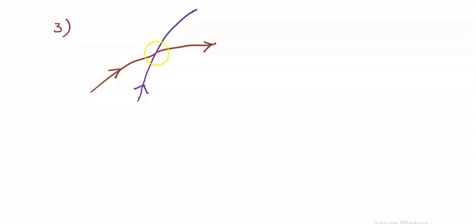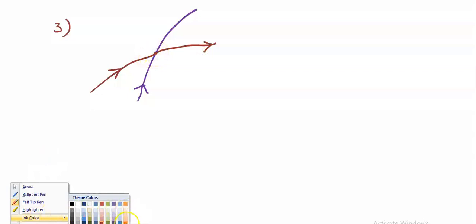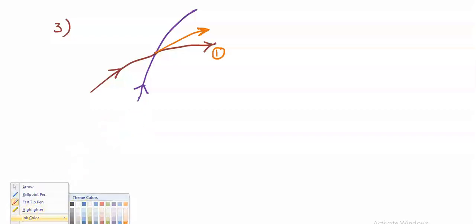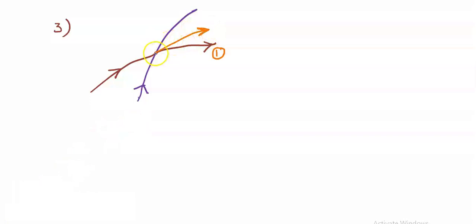Why will they not intersect each other? For that, suppose they intersect. Here we can draw a tangent. I have drawn a tangent on this particular field line, number 1, and then we can draw another tangent at this point on the other field line, this second one.